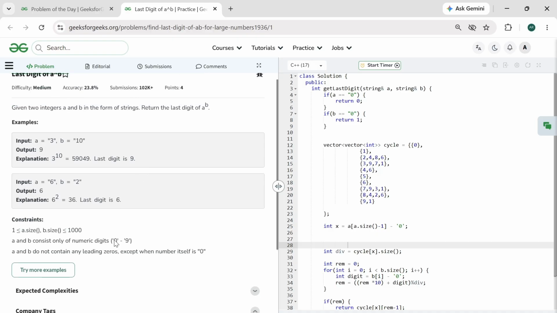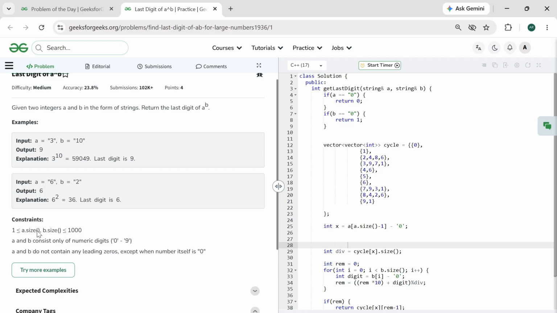So let's look at the constraints. The size of A and the size of B can go up to 1000. Now 1000 means, A cannot be 1000, B cannot be 1000.